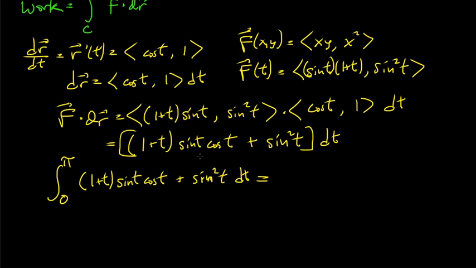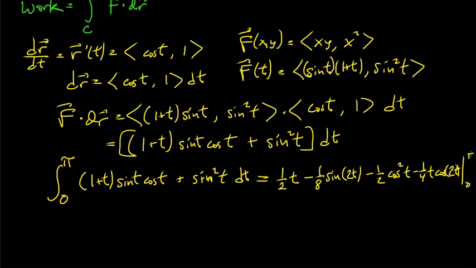In fact, there's a formula on your formula sheet for the integral of sine squared. So you just work all this out. And you should get, let's see, I think it's 1/2 t minus 1/8 sine of 2t minus 1/2 cosine squared t minus 1/4 t cosine of 2t. And then you just plug in the 0 and the pi.